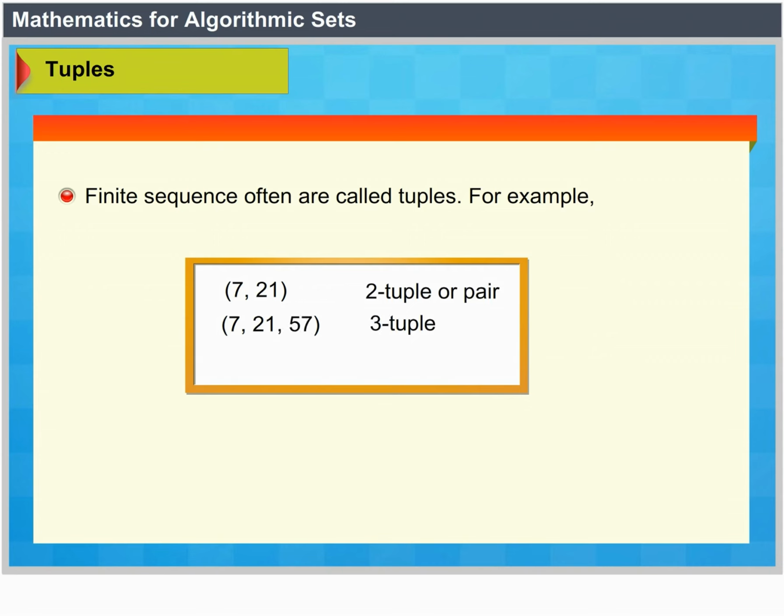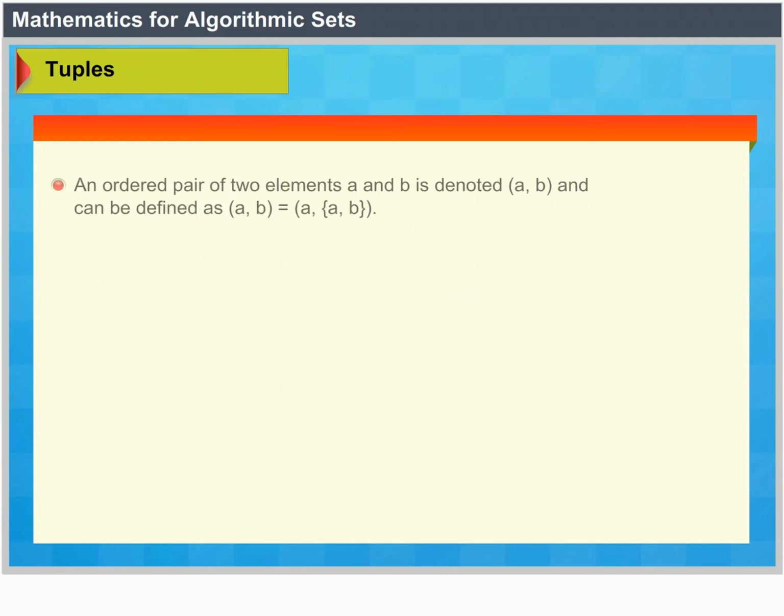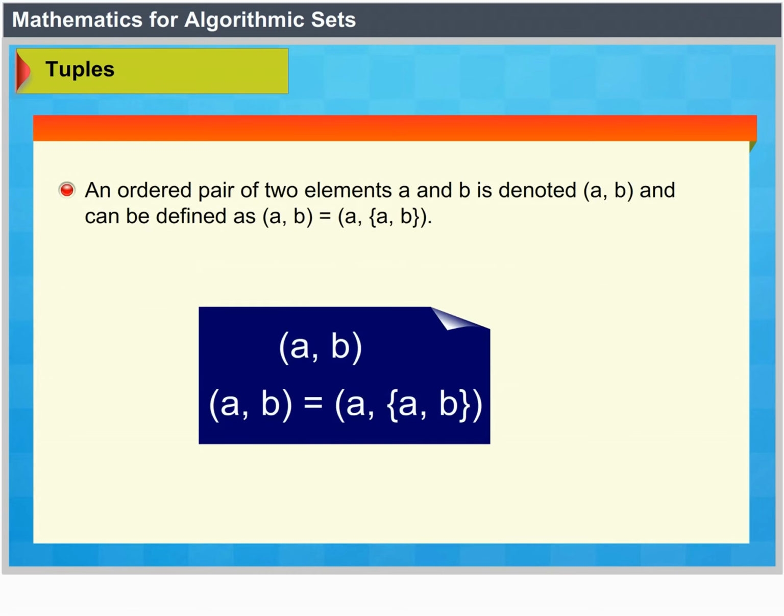And like that, (7, 21, up to k) is represented as a k-tuple. An ordered pair of two elements a and b is denoted (a, b) and can be defined as (a, b) equal to (a, {a, b}).